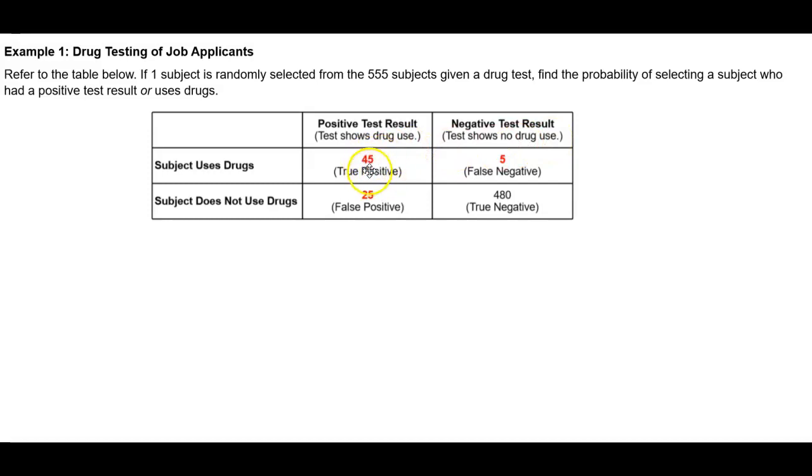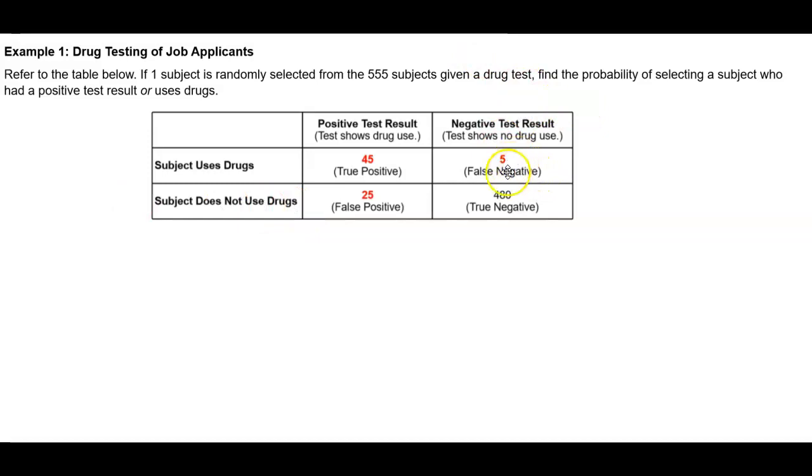So if you look here, having a positive test result and the subject uses drugs is a true positive, and there are 45 of them. Right below that, we have a positive test result but the subject does not use drugs, which is a false positive. Therefore, we have 25.